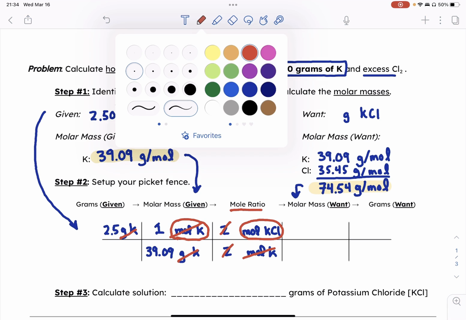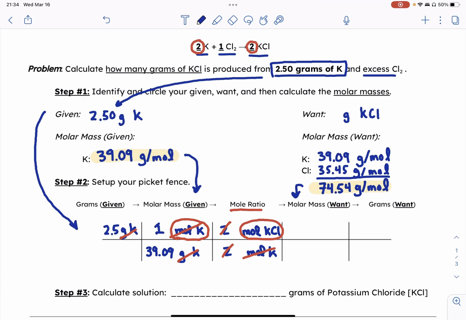And how we'll do that is you'll see that on the top, as I circled in red, our units are moles of potassium chloride, and we're going to convert to grams by using the molar mass. So on the bottom, we're going to want to put moles of potassium chloride, and on the top we'll put grams of potassium chloride.